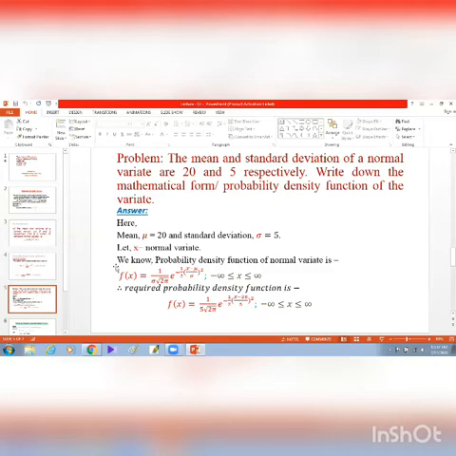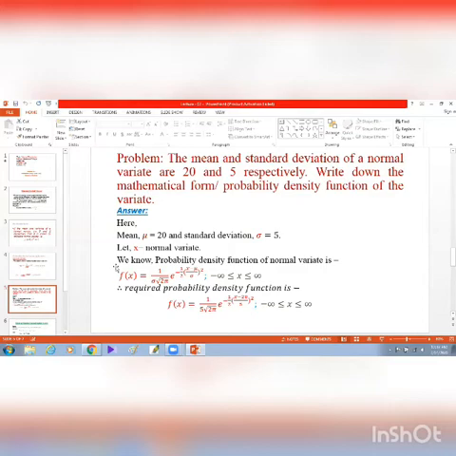So according to the question, the mean mu equals 20 and the standard deviation sigma equals 5. We consider the normal variate is x. Normally, the probability density function of a normal variate is 1 divided by sigma root 2 pi e to the power minus half, x minus mu divided by sigma, whole square.